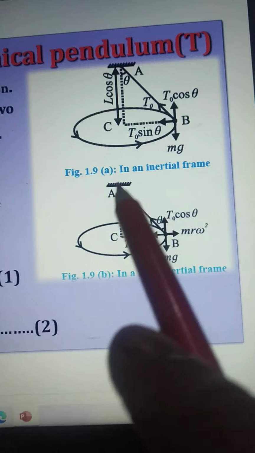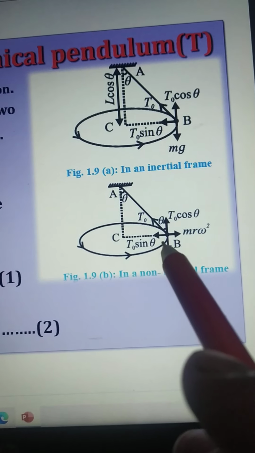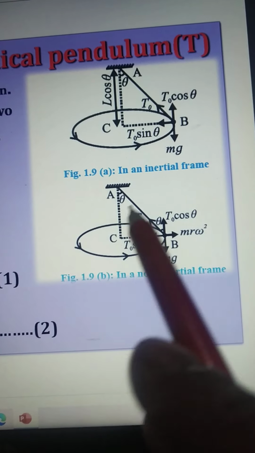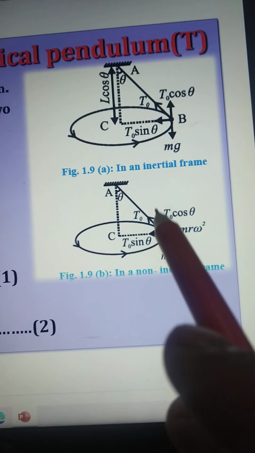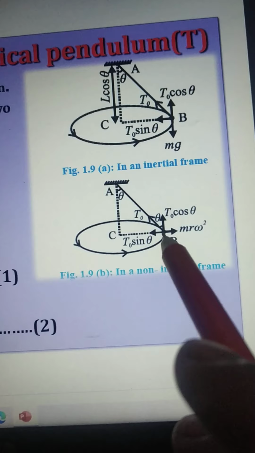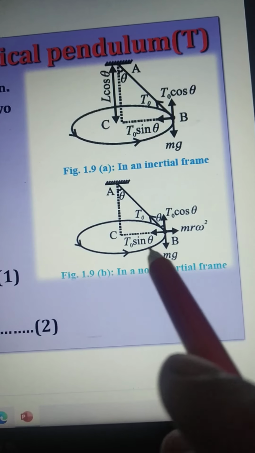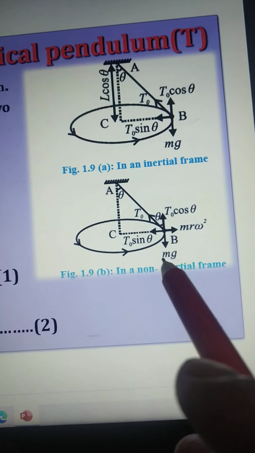Okay, so again in this figure, T0 cos theta in this direction, T0 sin theta in this direction, and mg.